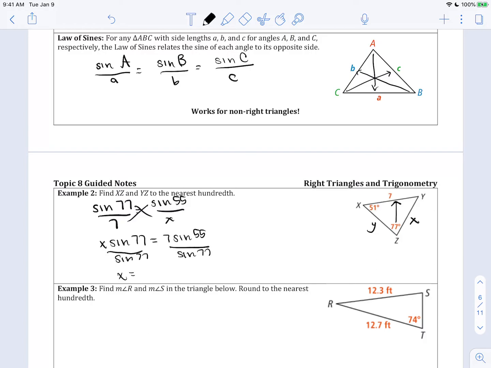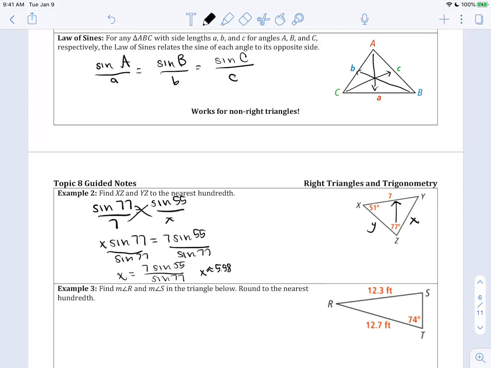And I get x equals 7 sine 55 over sine 77. All right, I'm going to plug that all in my calculator, and I get that x is about 5.58. Okay. All right, let's do it now for the next one.